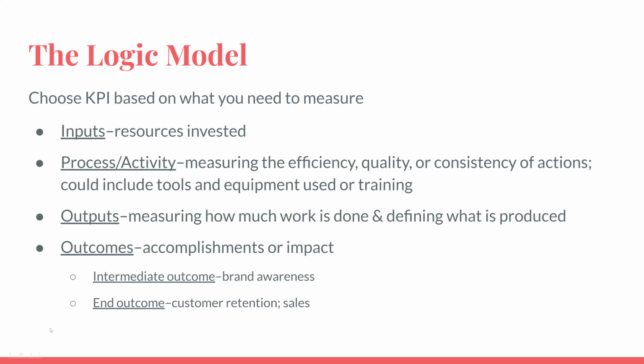And then at the end, our end outcome will be customer retention and sales. Especially if you're working in an environment where you're selling a product or service, you want to keep people coming back. So you have that longer term end outcome of getting people to stay with your brand and continue to buy your products or your service.